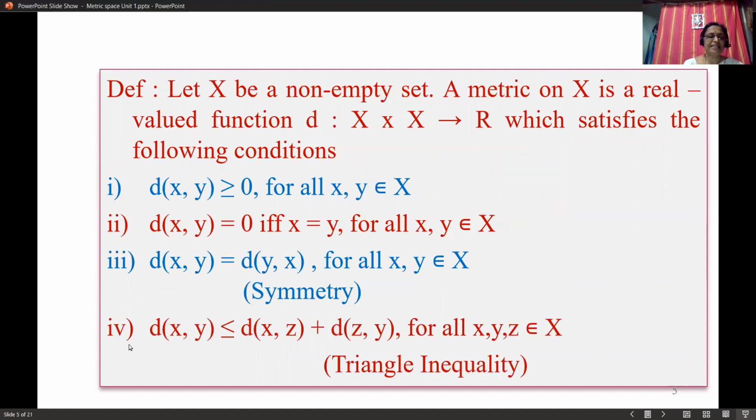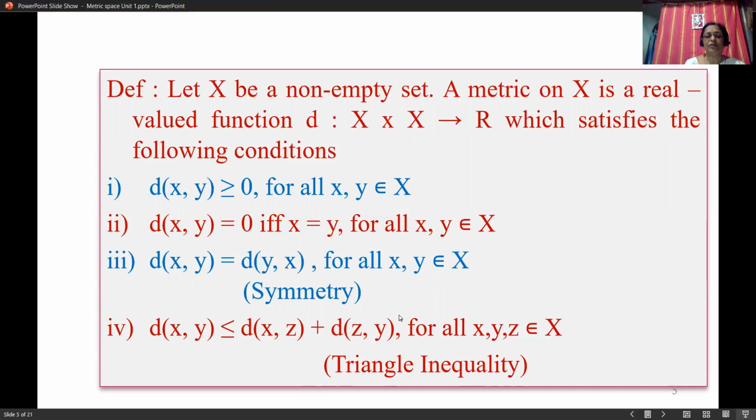The last condition is D of xy is less than or equal to D of xz plus D of zy for all x, y, z belonging to X. That means the image of the ordered pair xy under D is always less than or equal to the image of the ordered pair xz under D plus the image of the ordered pair zy under D. If this is true for all x, y, z belonging to X, then this condition is known as the triangle inequality.